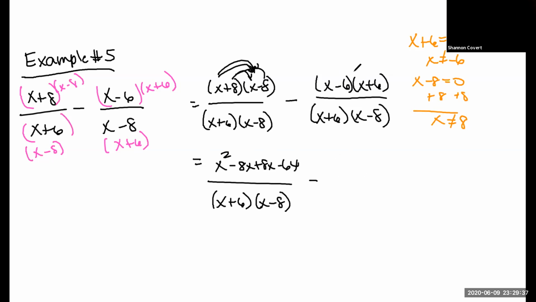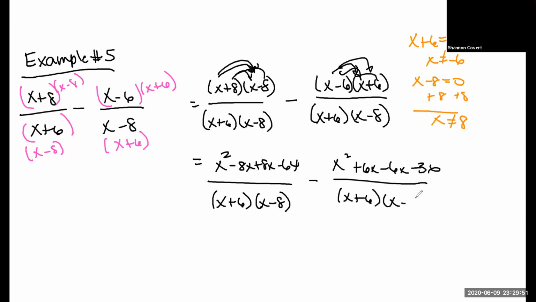The second fraction, when I distribute, gives me x squared plus 6x minus 6x minus 36 over x plus 6 times x minus 8. Those two add to be 0, leaving me with x squared minus 64 in my numerator on my first fraction, over x plus 6 times x minus 8.